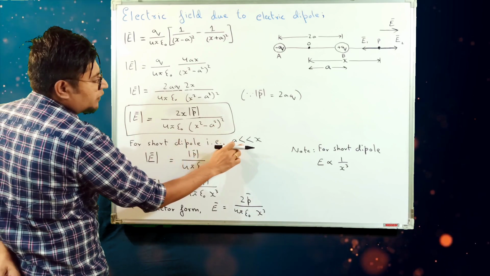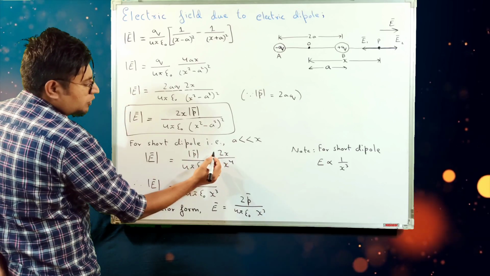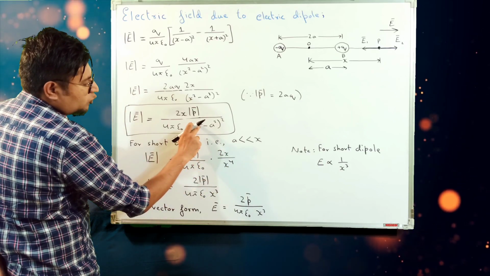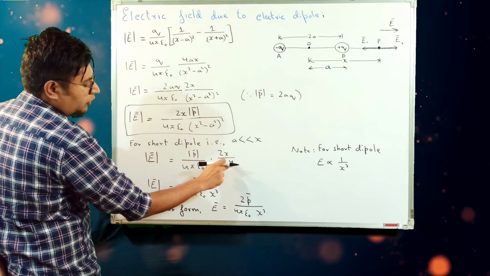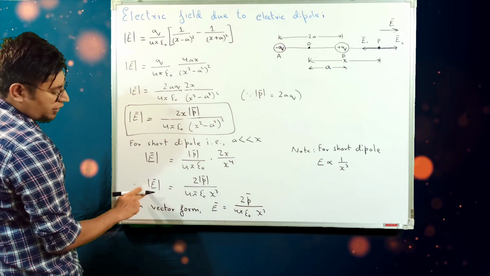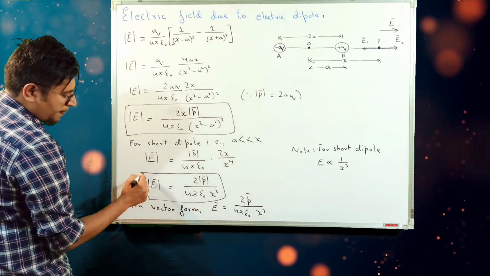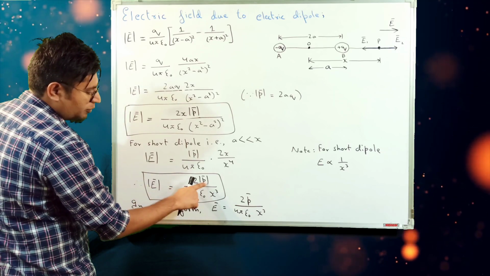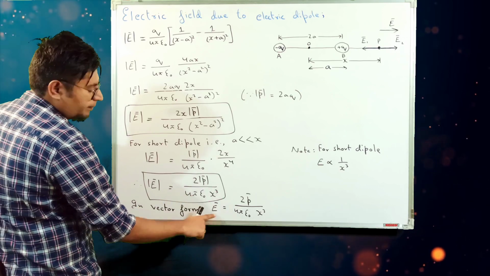So when A is very less than x, throwing out A, it becomes 2x divided by x to the power 4. This is x square, so square into 2, it becomes 4. So x to the power 4. Okay, and then the resultant form becomes this. Electric field will be equal to twice P, the electric dipole moment, divided by 4 pi epsilon naught x cube.